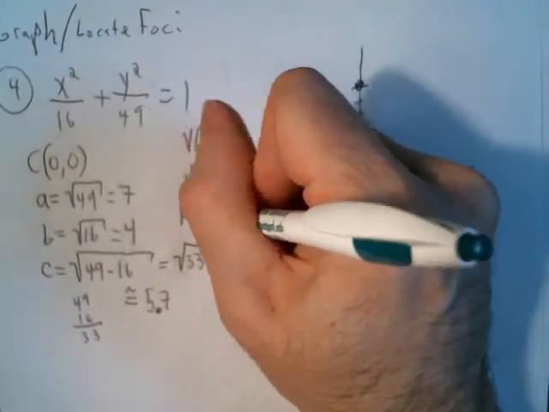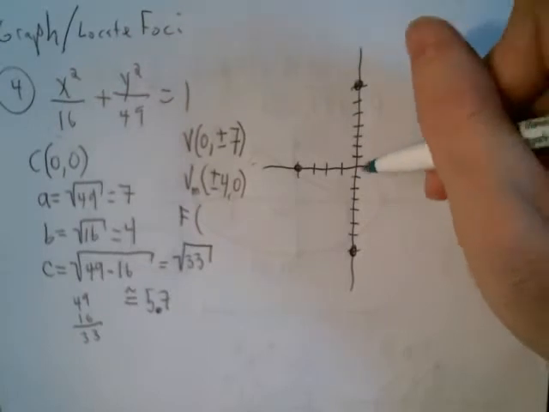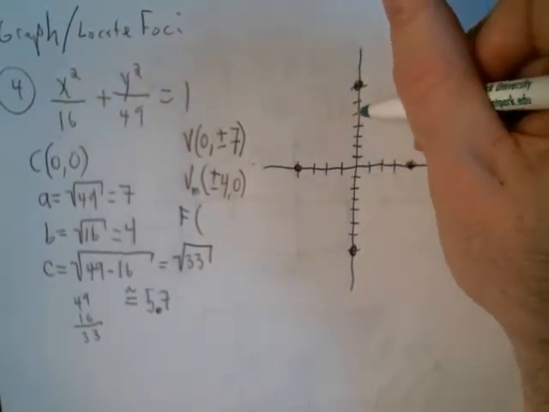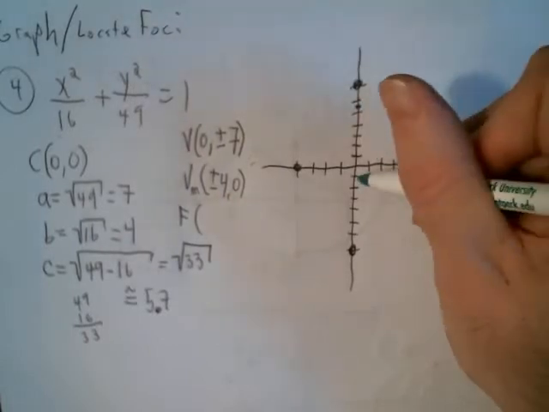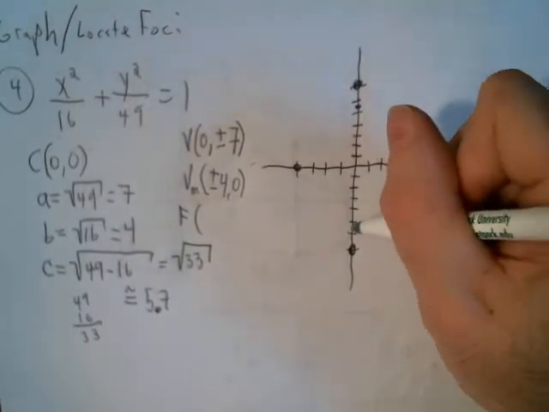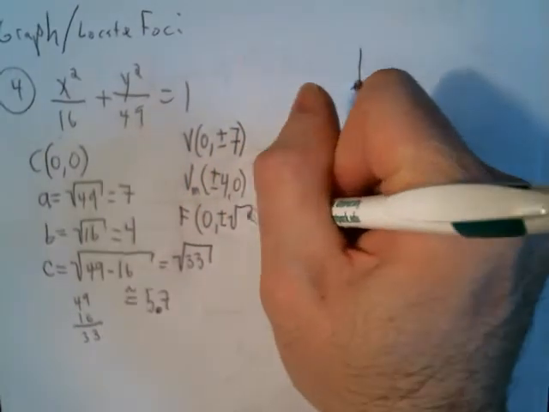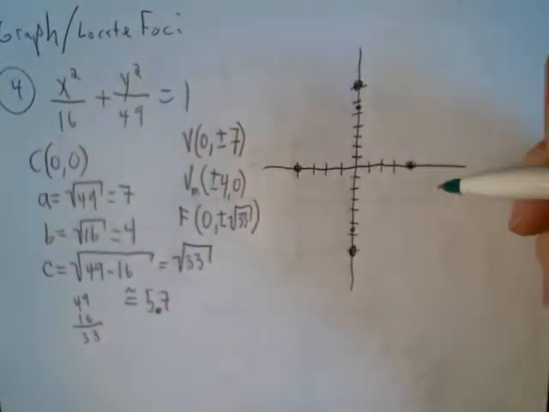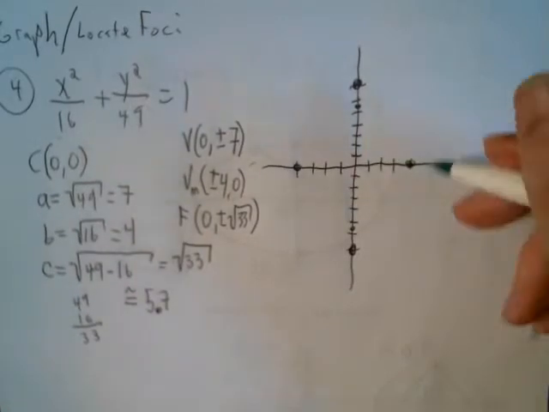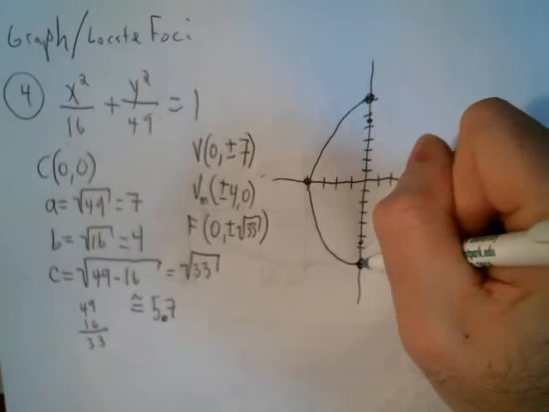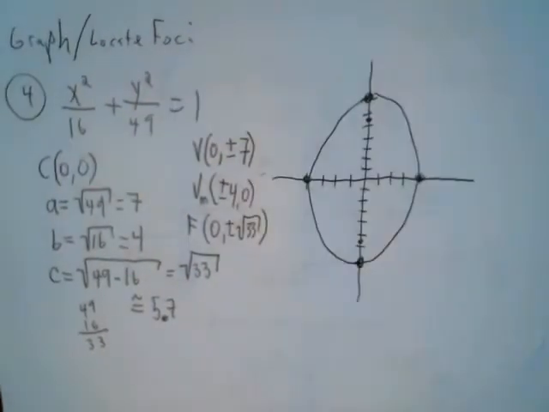We also need the foci, so plus or minus root 33 or 5.7. 1, 2, 3, 4, 5.7. So it's 0, plus or minus root 33. Okay, and then finally just connect the vertices and you have your graph. Okay.